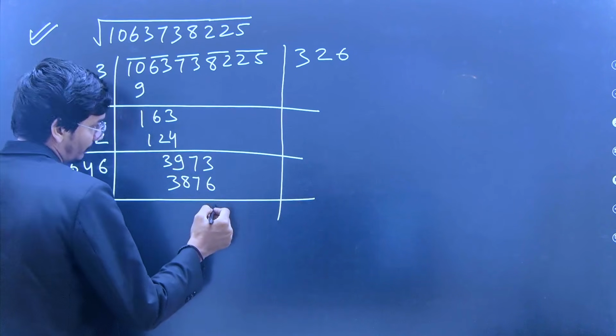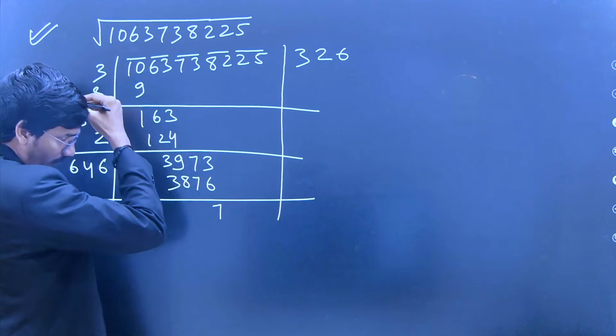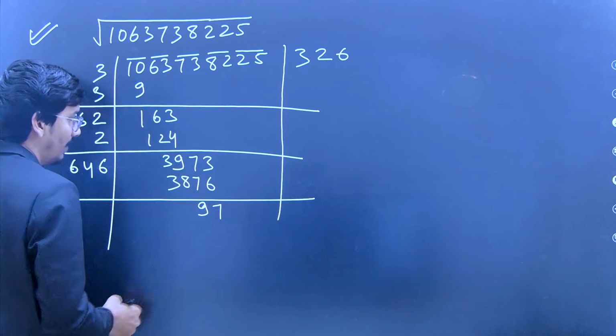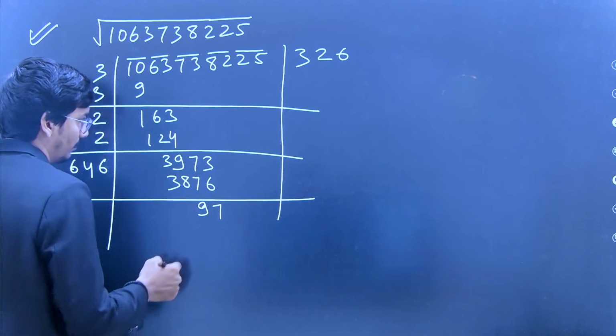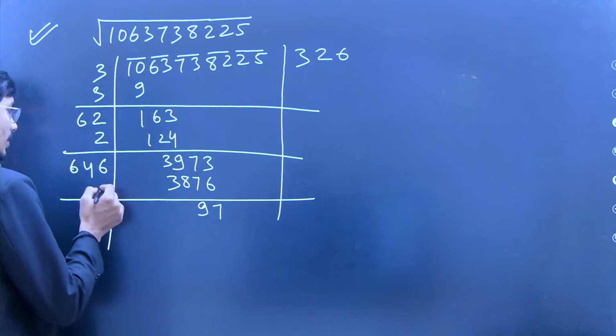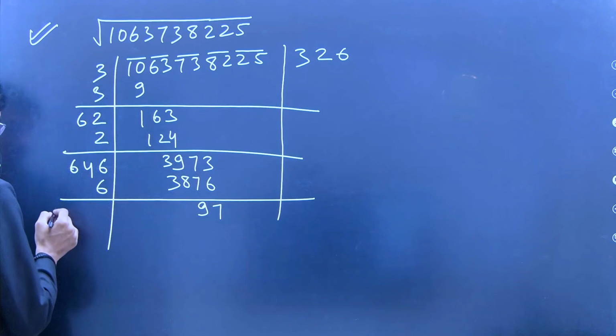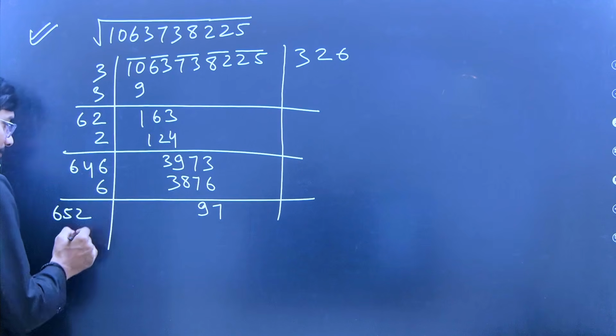Subtract, beta, 7, it's 9 0 0. Add 6, so it's 652.